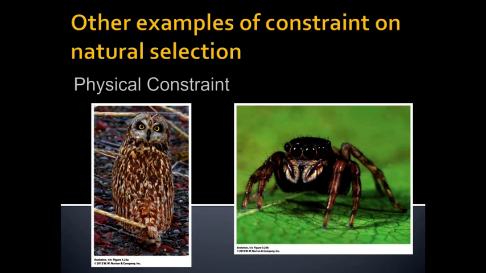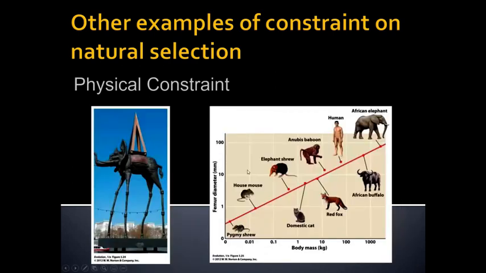Now, there are always going to be limits on how much organisms physically can do. So, for example, if it's really, really good to be large, there's going to be selection for larger size. But there's some constraints on how big you can be, because that puts an incredible amount of strain on the joint. So this is a sculpture on the left here by Salvador Dali. If you know much about Salvador Dali, he liked to do kind of extreme, surreal things.